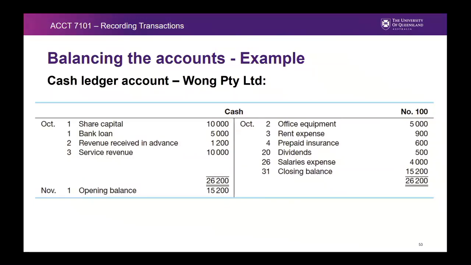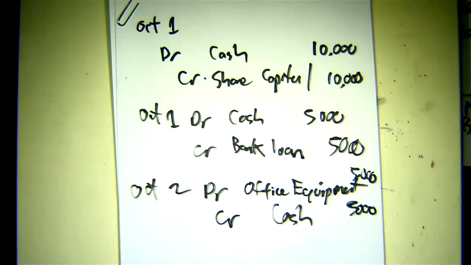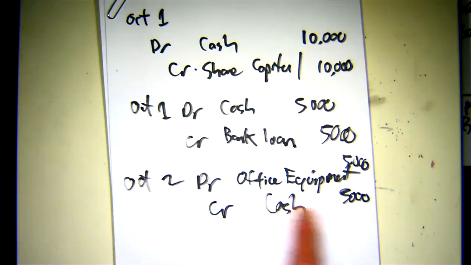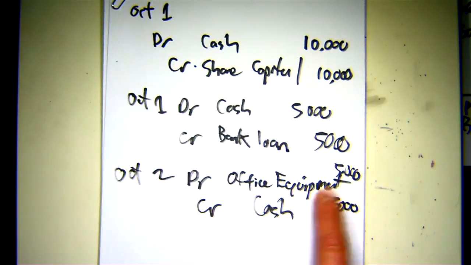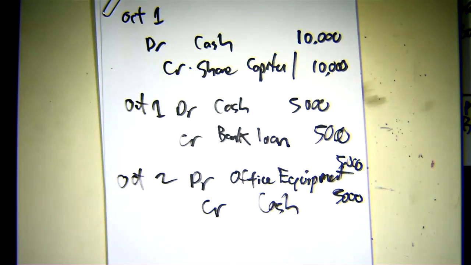So I've credited cash, it's on the right side, so I know that this office equipment must be a debit. So I've credited cash 5,000, and the office equipment is a debit. That's the journal entry which underlies the T ledger there for cash.